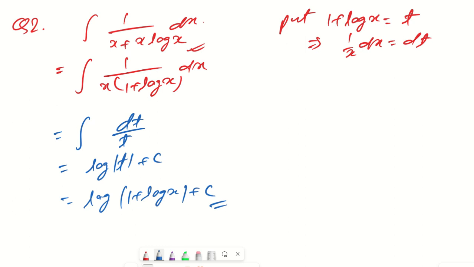Let's take another question, question number 3: integration of x square root of 1 plus 2x square dx. This is going to be very simple. We will try to replace this square root term so that it becomes a little easy for us.